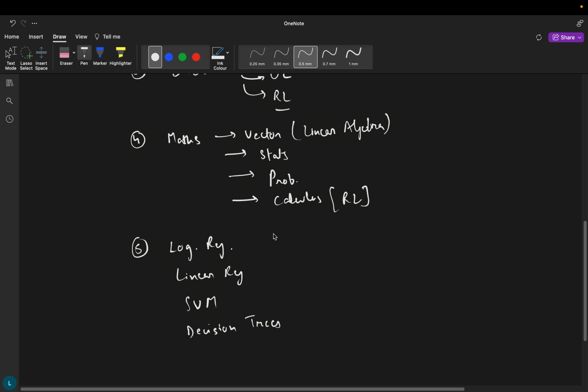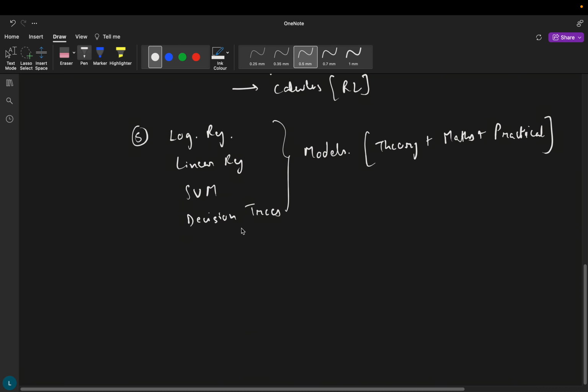So you can go ahead by learning all of these models, the maths behind them, and how to practically implement them. So the basic thing that you have to cover in step 5 is the theory and the maths behind them plus the practical portion. These things are very important to understand all of these models. These models can be either supervised or unsupervised.